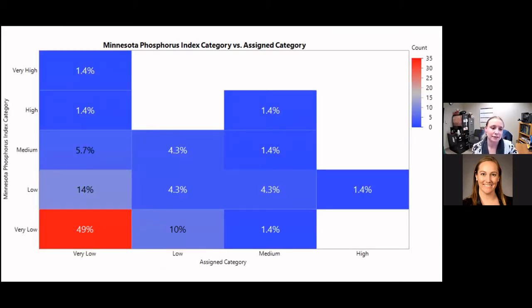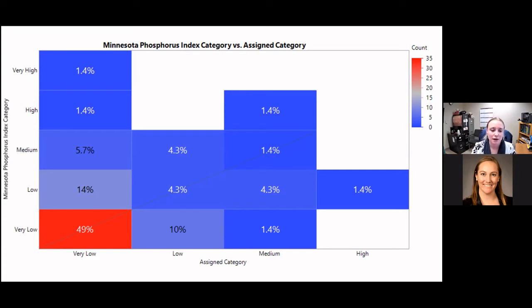So here is a figure showing some of what's going on with the data. On the x-axis is the assigned risk category that I would give to the total phosphorus data, based on where I would expect it to be, knowing the index categories for each.